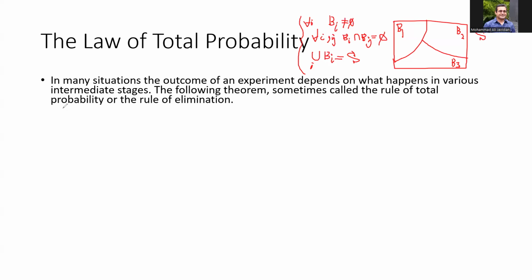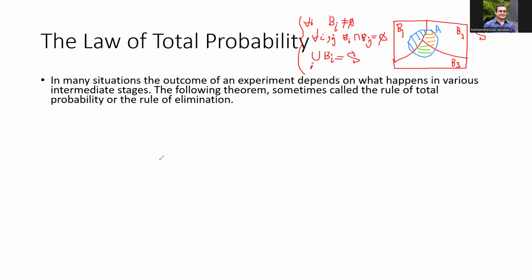And assume you have an event in this space, like A, and I'm going to compute the probability of A. As you can see, part of A is in the subspace B1, part of A is in the subspace B2, and part of A is in the subspace B3.